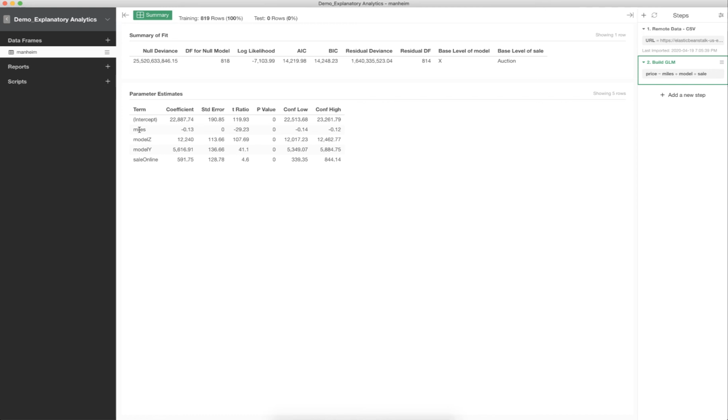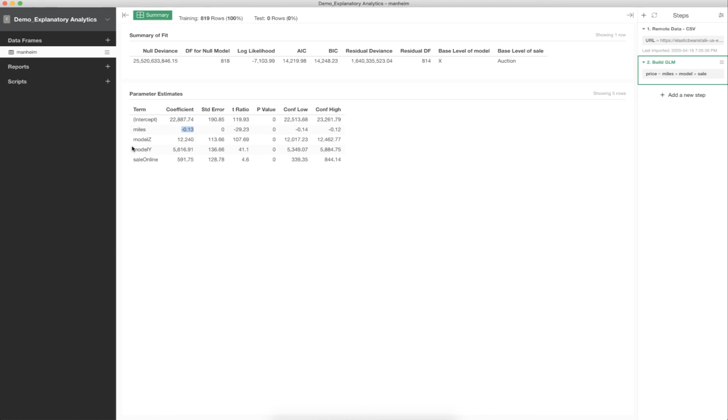And so one can interpret the coefficient of miles because miles and price are both continuous variables. And so each additional mile has a negative effect on price or drives down price because of the negative sign by 0.13, which is 13 cents.